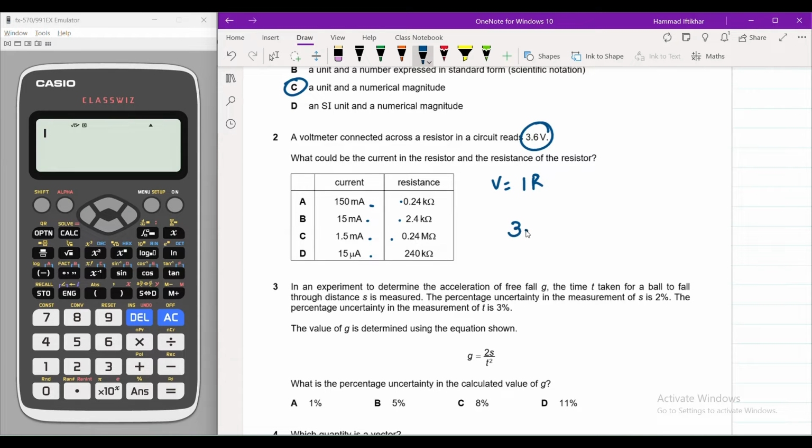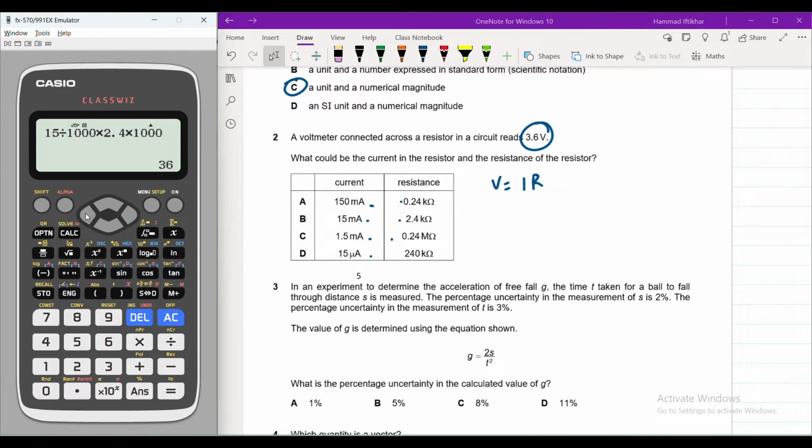If we choose, for example, 150 milliamps, so 150 divided by 1000 times 0.24 times 1000, we will get 36. However, let's try another way. Let's say we have 2.4 kilo ohms and 15 milliamps.